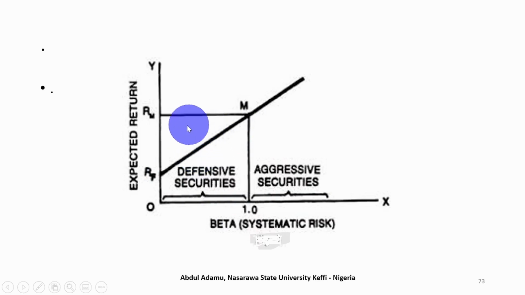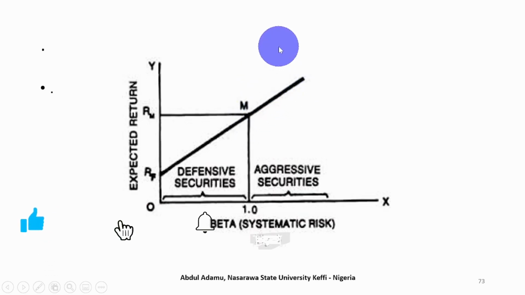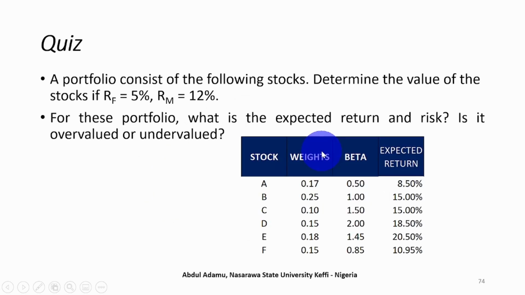That is, the investor is risk averse. But any beta that is above that of the market is aggressive. It shows that when the market moves, these stocks will move more than the market, either positively or negatively. So we can use the security market line to classify assets as either defensive or aggressive.